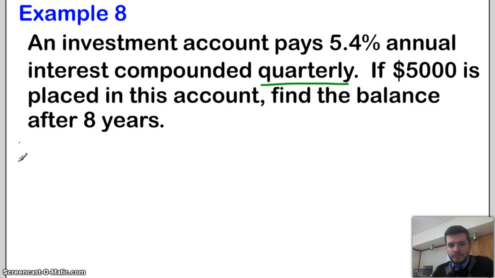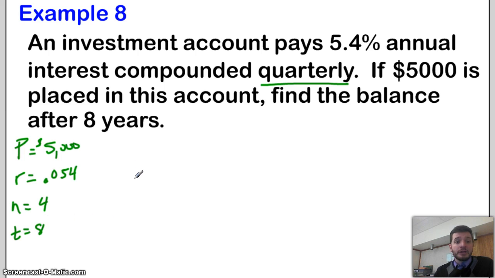Okay, so let's get to it. The principal that we have is going to be $5,000. The rate is going to be 5.4%, so as a decimal, it'll be 0.054. N is compounded quarterly, so N is going to equal 4. And T is going to be 8 years.